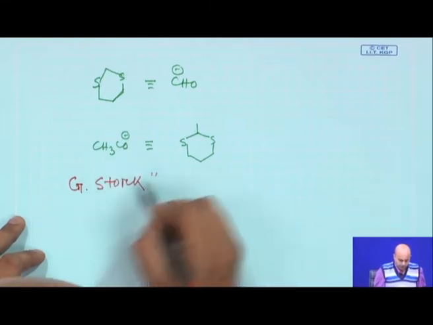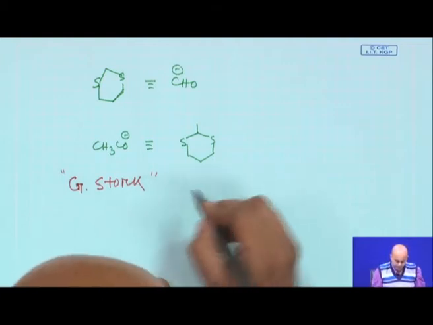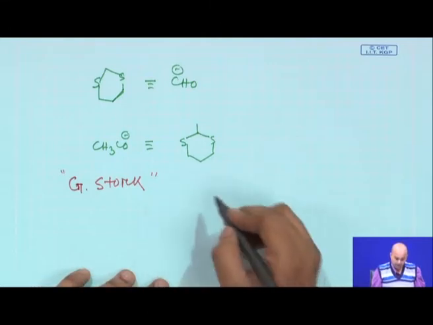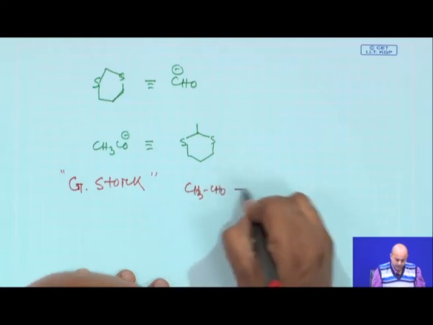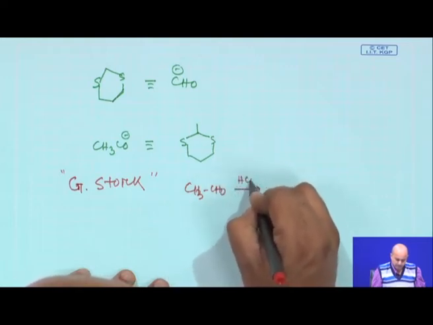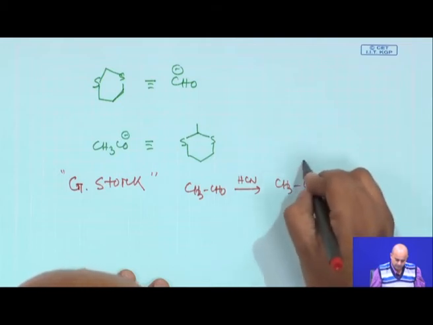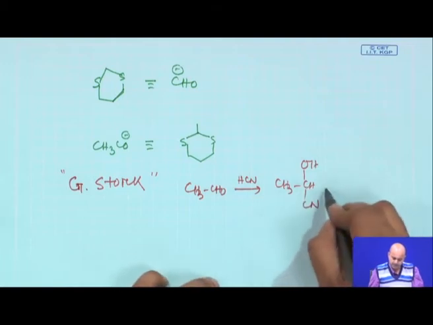Now, Gilbert Stork was using this chemistry of O-protected cyanohydrin. What is this? If you have acetaldehyde, you react with HCN to get the corresponding cyanohydrin. Now, cyanohydrins, as I said, are very unstable.